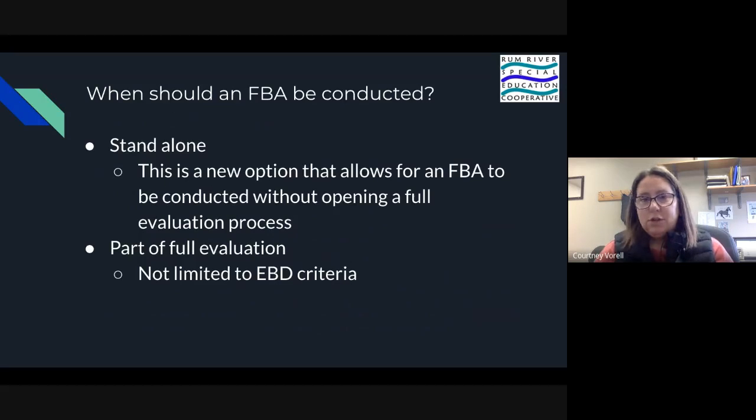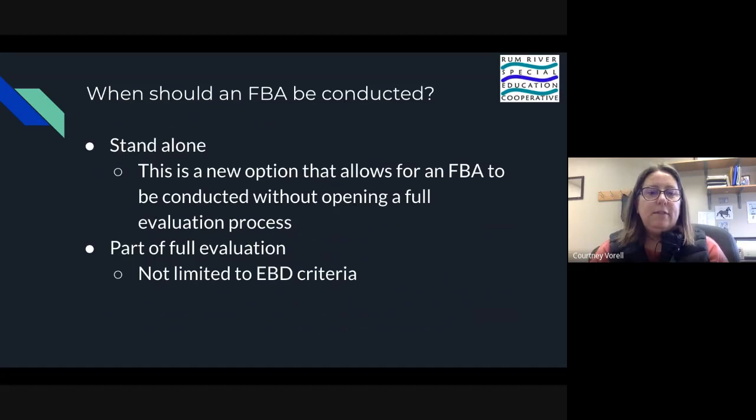So when we think about when should an FBA be conducted, one option that is new is to do a standalone FBA. It allows for that assessment to be done without opening up the full evaluation, the full special education evaluation process. And there are some fact sheets on MDE that help answer some of the common questions.